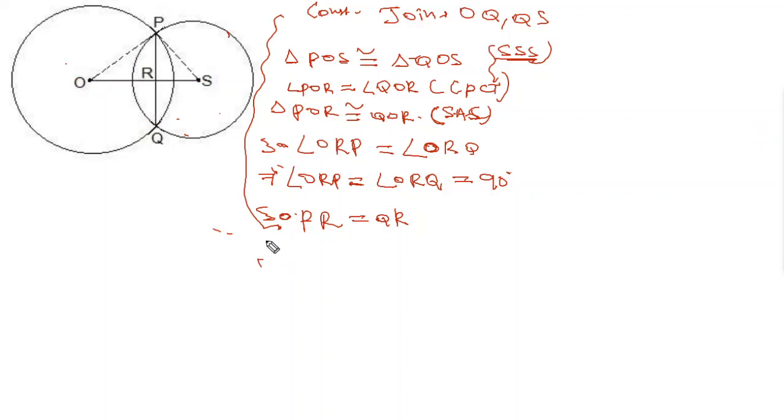Now let OR be equal to X. Now you can see PRO is a right angle triangle.